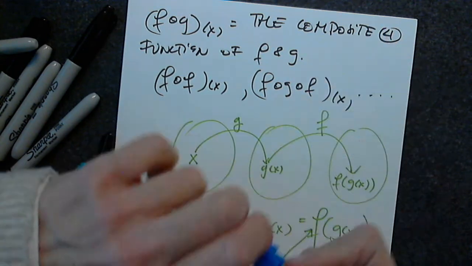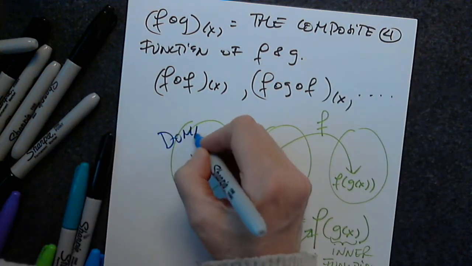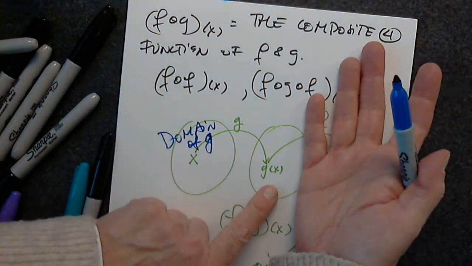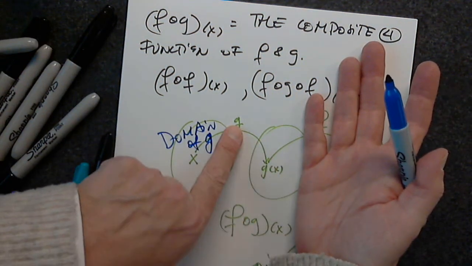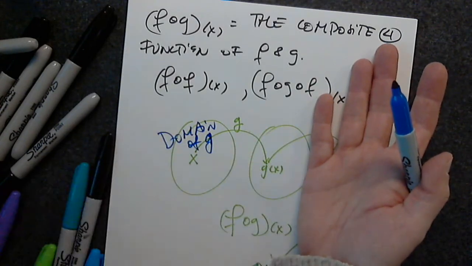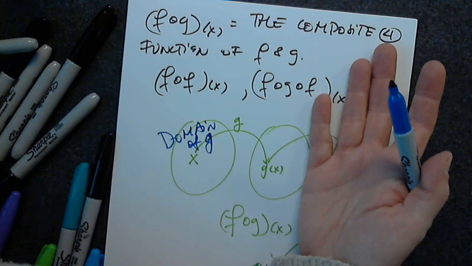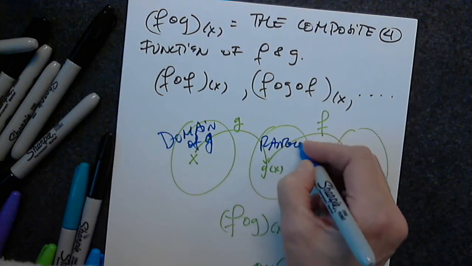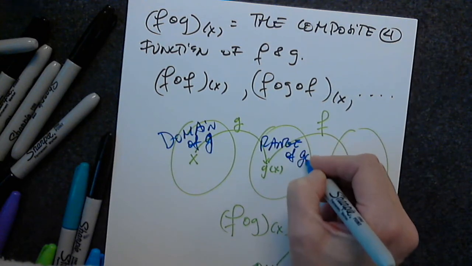Is it the domain of G? Of course. Domain of G. Excellent. Now here we get the values for G, not the values of X, but the values of Y. How do we call this set? The range. Range of G of X.